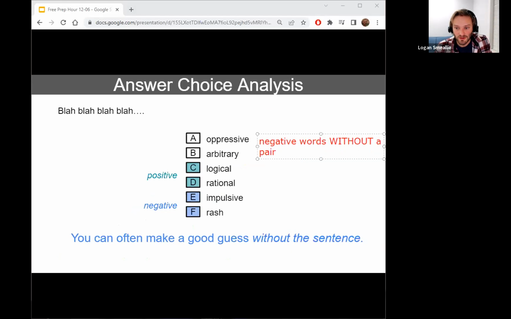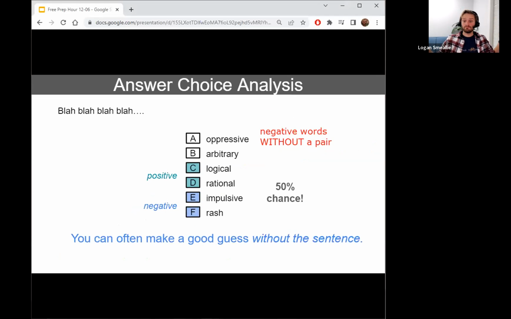So you have a 50% chance of guessing. Still better to have closer to 100% chance by actually comparing it to the sentence. But the lesson is answer choice analysis, using those answers to find pairs without even referencing the sentence, can help when you don't understand the sentence, but you still want to make sure that you're supported by the evidence.